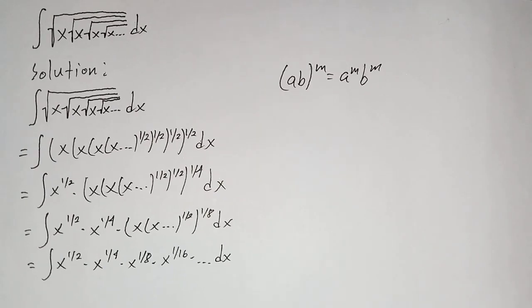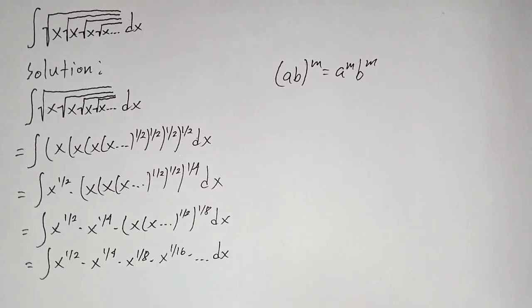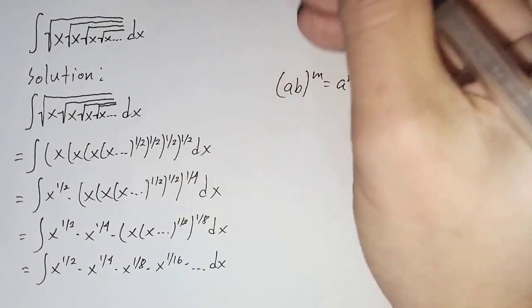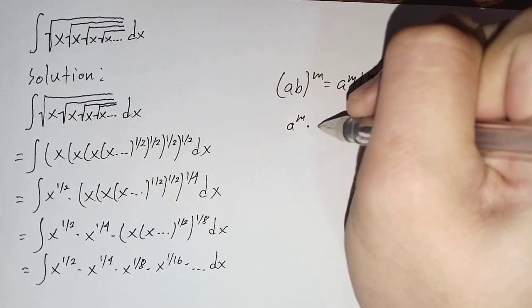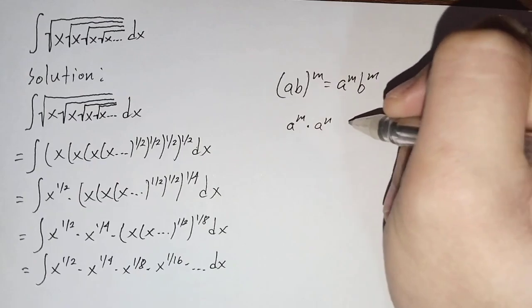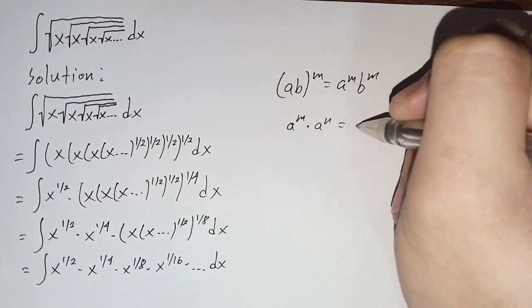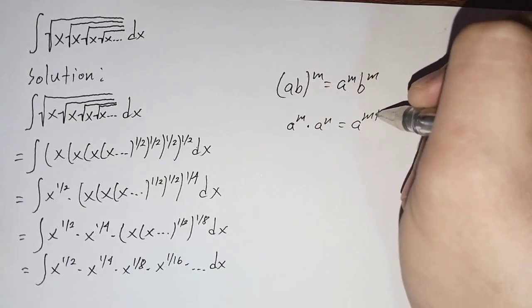Now, as you can see, all of these terms that are being multiplied to each other have the same base, which is x. So by the rules of exponent, if we have any number a raised to m, multiplied by a raised to n, this will be the same thing as a raised to m plus n.